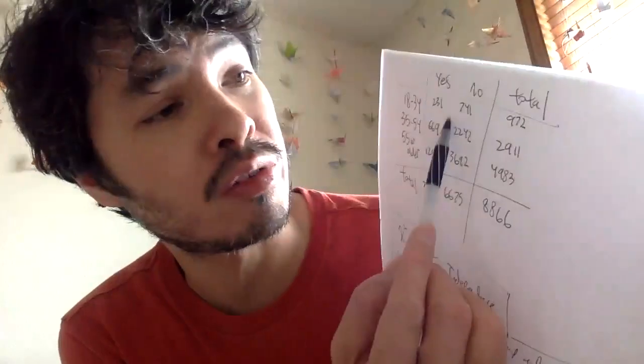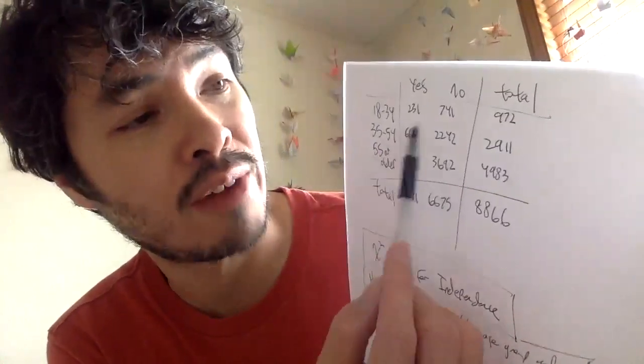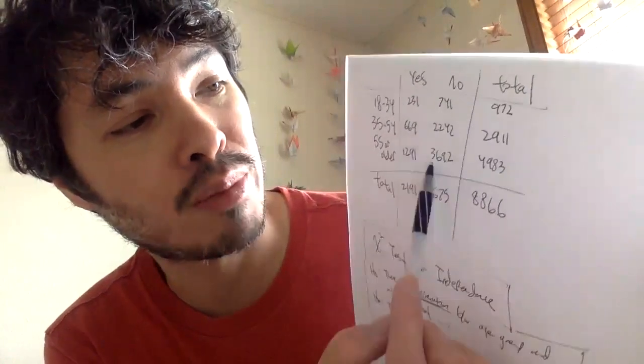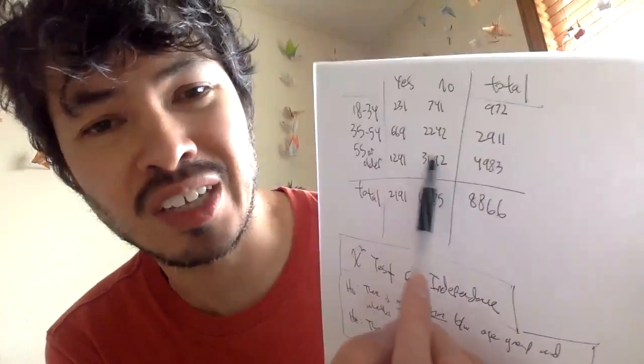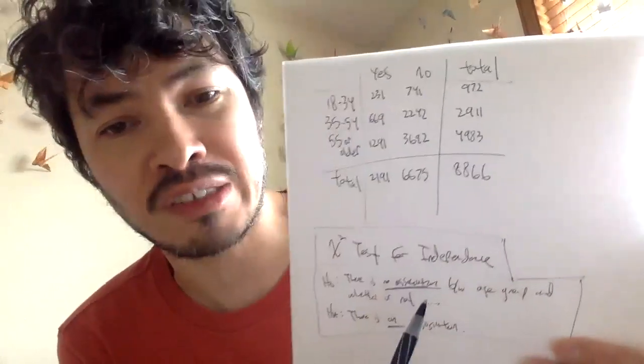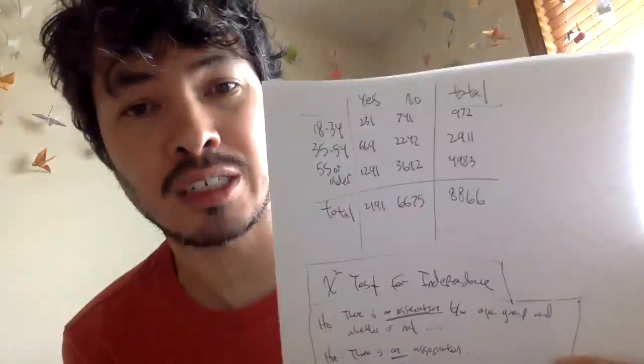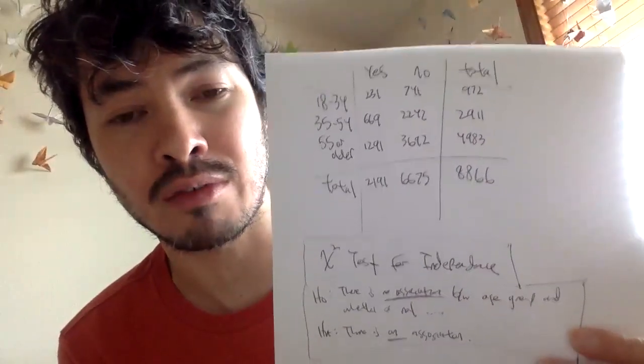So I don't know. It does look like there were more no's than yeses for 18 to 34 compared to 55 and older. More people said no proportionally. But is that just due to sampling variability? Is the difference big enough to say that there is an association, that not as many 18 to 34-year-olds eat 5 or more servings a day? And that's what we're going to find out.